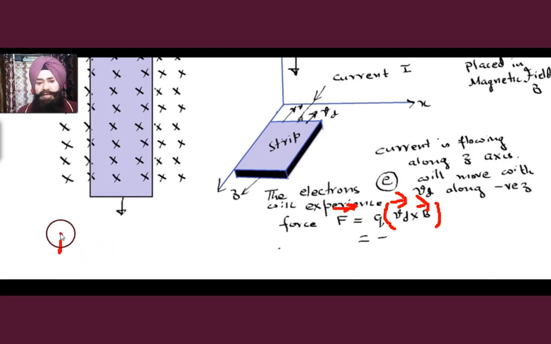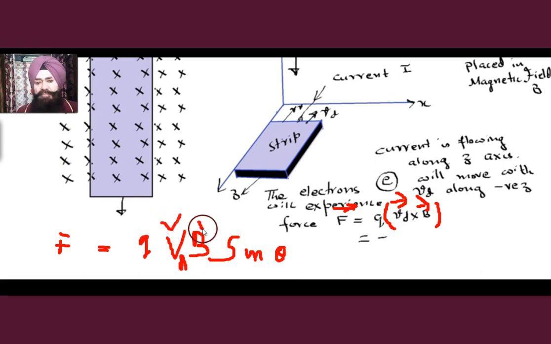If you take the magnitude of this vector quantity, it becomes Q Vd B sin theta. What is theta? The angle between Vd and B, and here it is 90 degrees. Sin 90 is 1. So the expression becomes only Q Vd B, and Q is minus e.